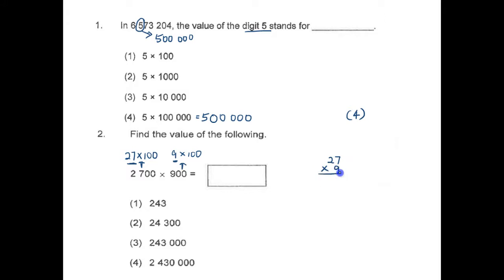So 27 times 9, 7 times 9 is 63, 2 times 9 is 18, 18 plus 6 is 24, is 243, and we know that 100 times 100 will give me 10,000. So I add 4 zeros, and my answer will be 2,430,000. So option number 4.